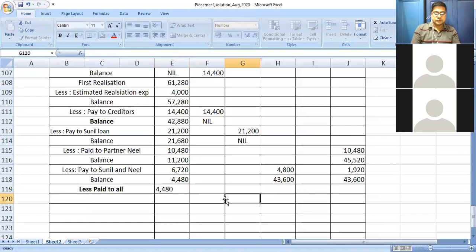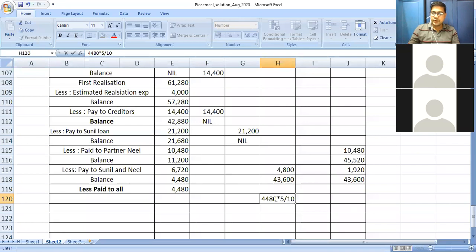How much? 4,480. Now you have to pay to Sunil. How? 4,480 into his ratio 5 divided by 10, the total of the profit sharing ratio.